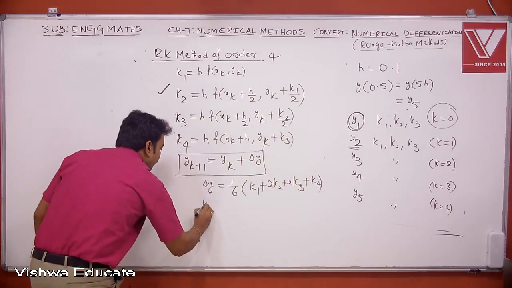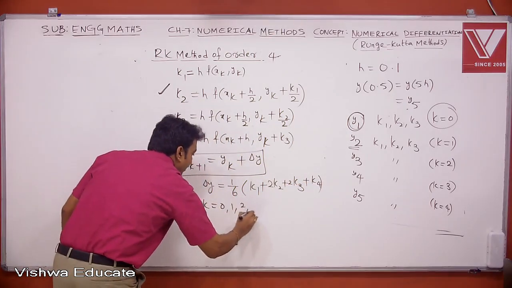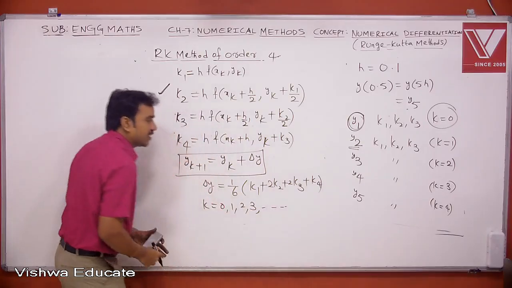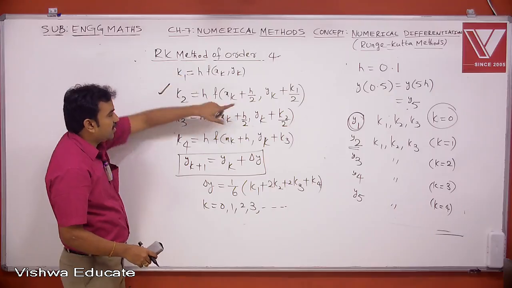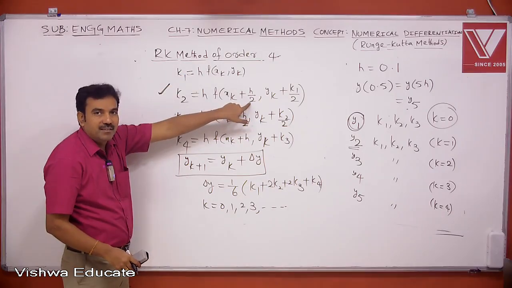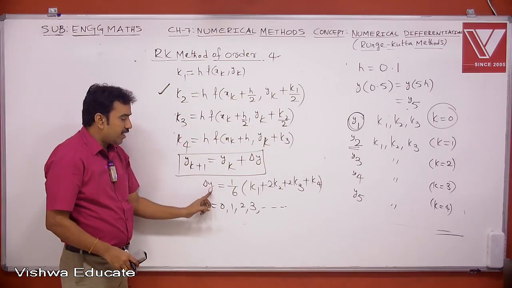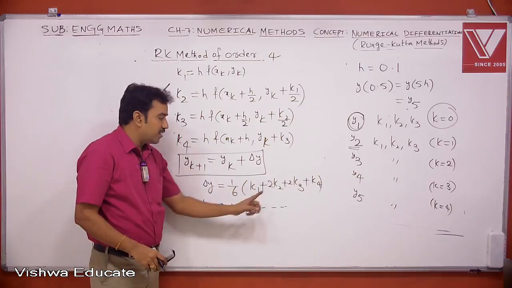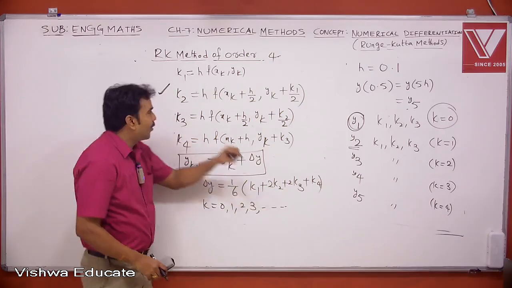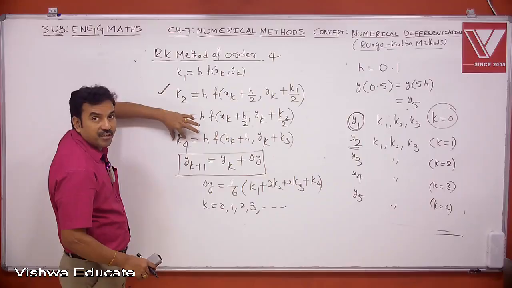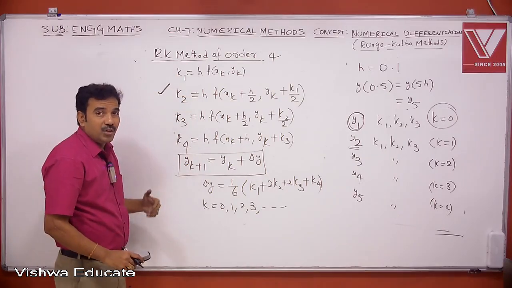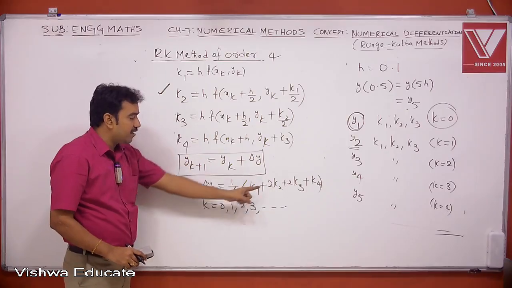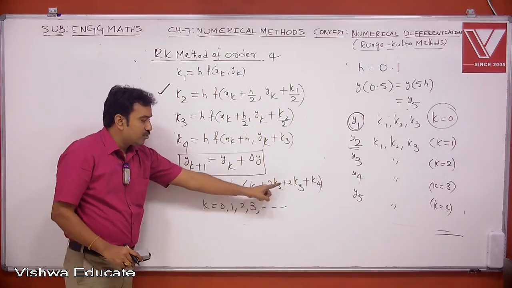Here k ranges from 0 onwards. k values are 0, 1, 2, 3, etc. So here, in case of k2 and k3, the increment is only 50%. Therefore, in case of delta y, more priority is given to k2 and k3. So k1 is benefited, k4 is benefited. But k2 and k3 are not benefited, so to give justice to k2 and k3, here we multiply k2 with 2 and k3 with 2.